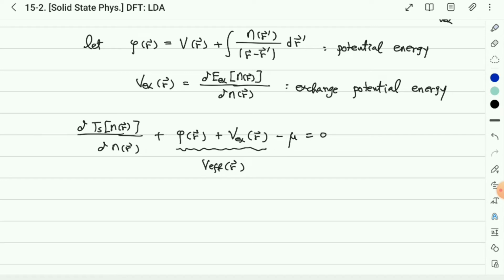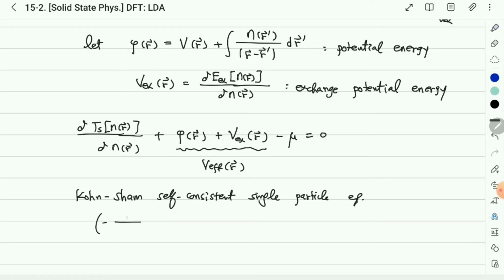Kohn-Sham makes the self-consistent single particle equation: minus h bar squared over 2m del squared plus the effective potential, psi_i(r) equals epsilon_i psi_i(r).